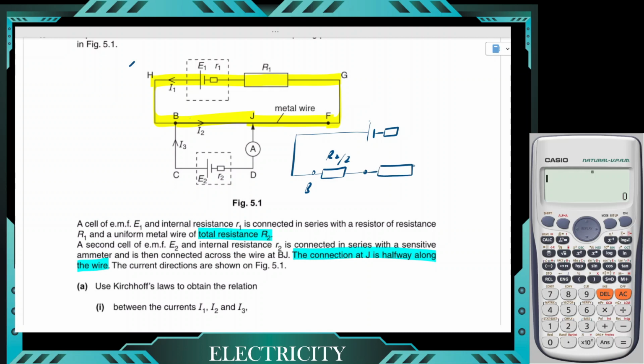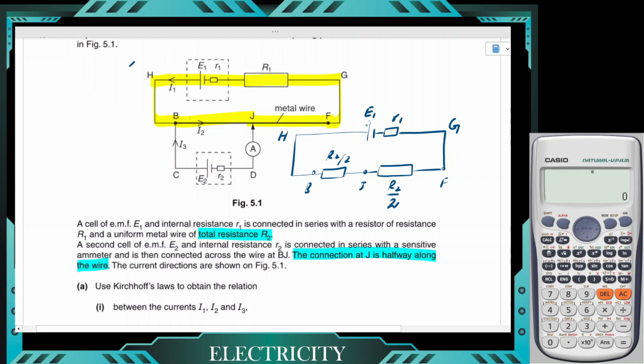Likewise from J to F, let's call it point J, and this is point F. From J to F, the resistance is once again half of R2, and then the circuit is completed. This is point G, this is point H. The EMF is E1, the internal resistance is R1. Let me mark the currents that would be flowing through the circuit.